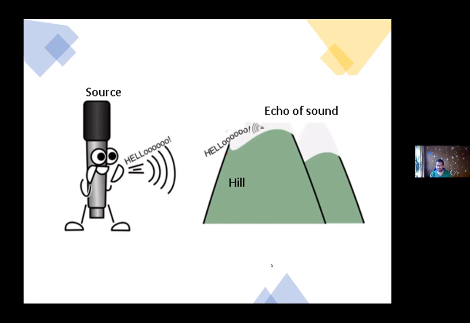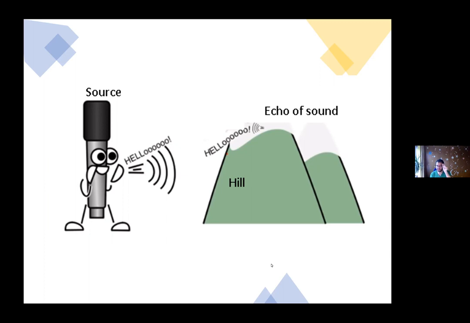For example, submarines use echoes to see what is below the water. Bats use echoes to know where they are going and to hunt for food. We use certain types of echoes to study neutron stars.